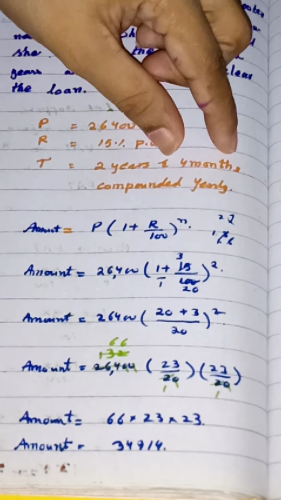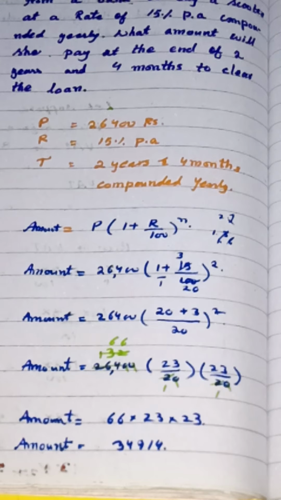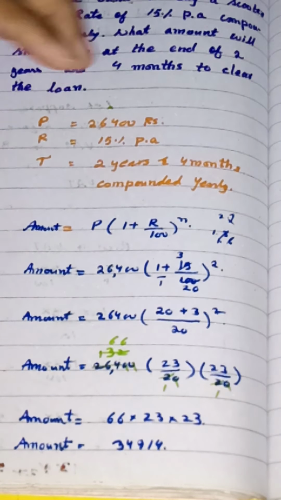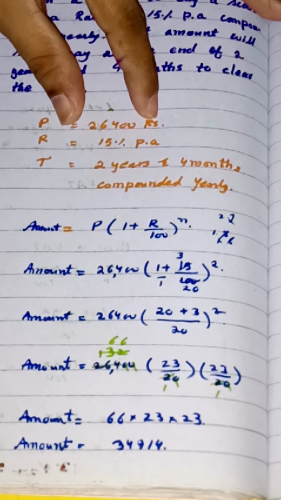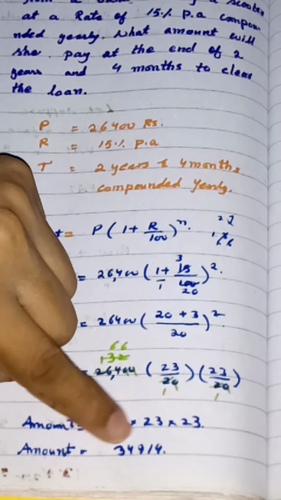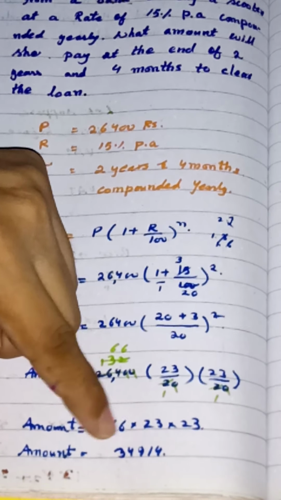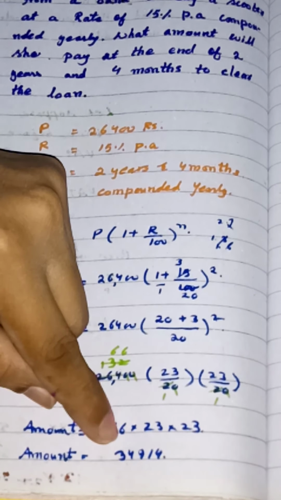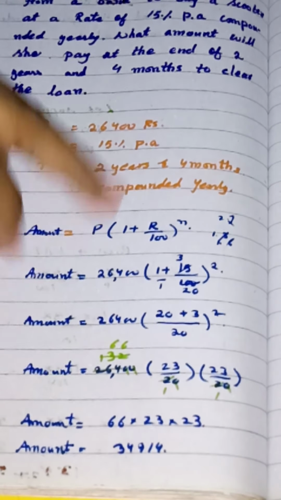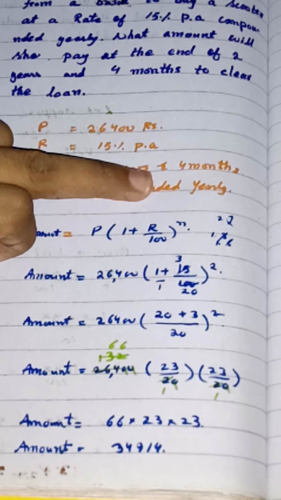So for the remaining 4 months, interest is calculated by the simple interest formula, because this is the amount for 2 years. We borrowed 26,400 rupees, and after 2 years principal plus interest is 34,914 rupees. That means after 2 years the amount has been found out, 34,914 rupees.